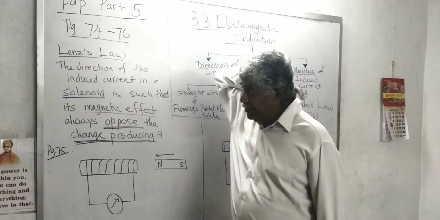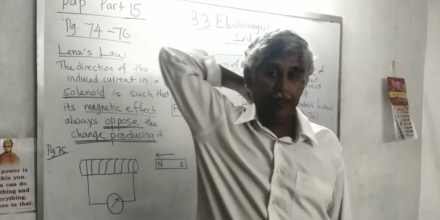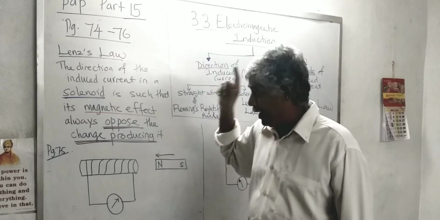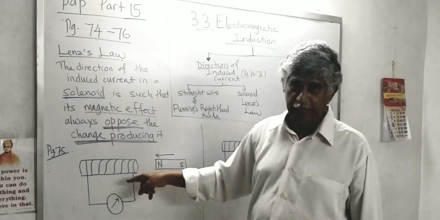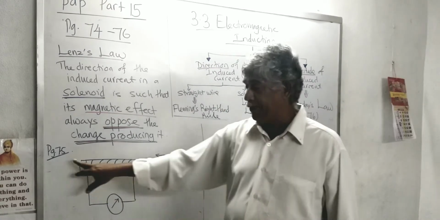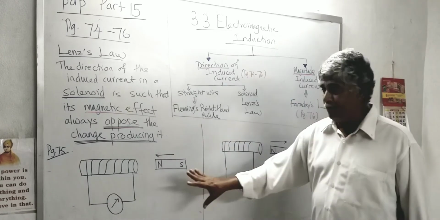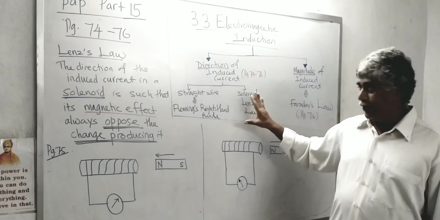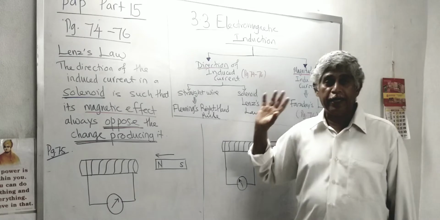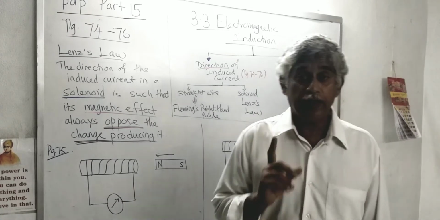I'm going to use the definition of Lenz's law and then apply it to determine the direction of current. The diagram is on page 75. That's what we are going to do today, to see the direction of induced current in a solenoid.